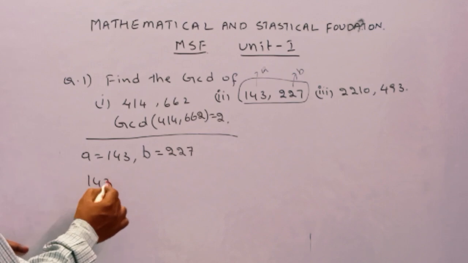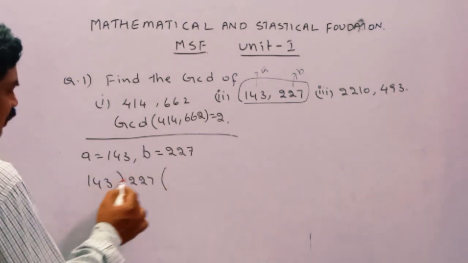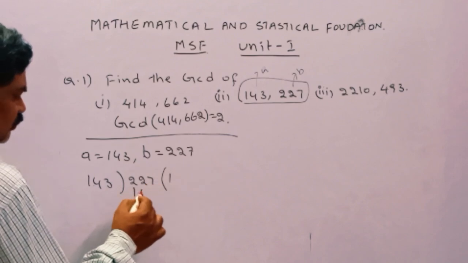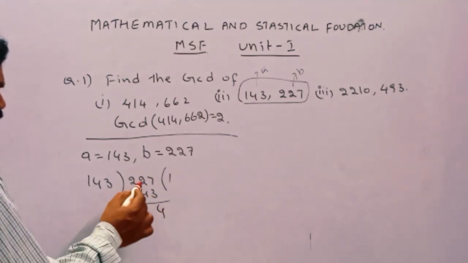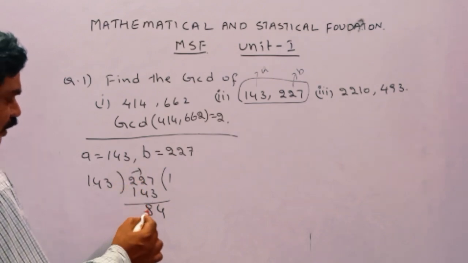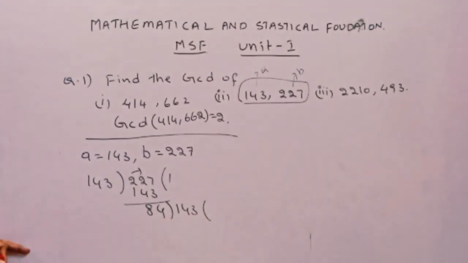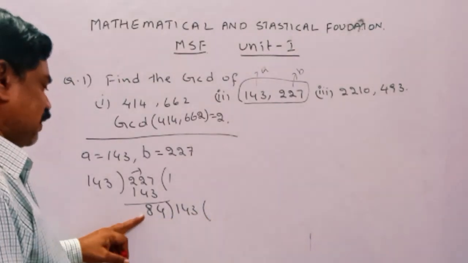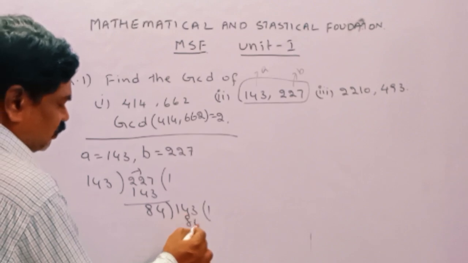Divide 227 by 143: the quotient is 1, and the remainder is 84.